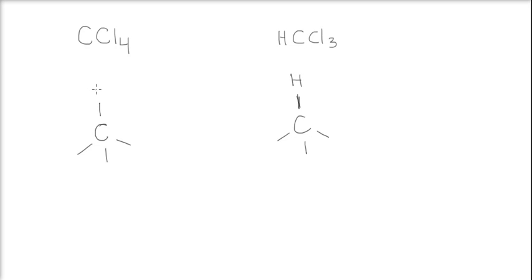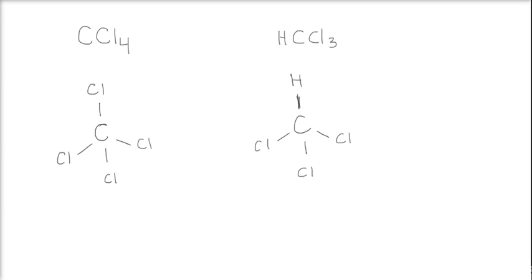So if we draw in our atoms and we draw a correct representation of carbon tetrachloride and chloroform, and we draw our bond polarity arrows. So on the periodic table, chlorine is further to the right than carbon, but it is further down. So we have two competing factors in terms of electronegativity, because remember we said that it increases up and to the right.